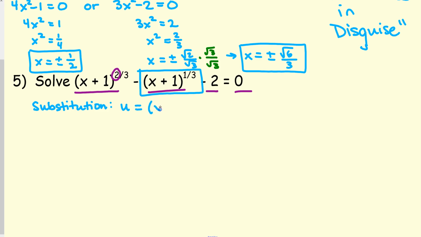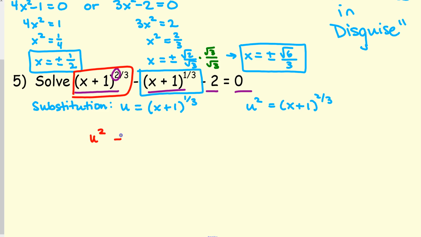So let's let u equal x plus 1 to the 1/3 power. And once we do that, we realize that u squared is going to be x plus 1 to the 2/3 power. So then we can rewrite our equation as u squared minus u minus 2 equals 0.